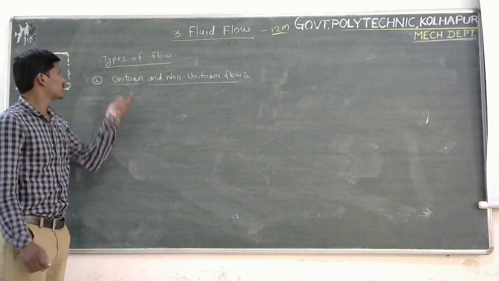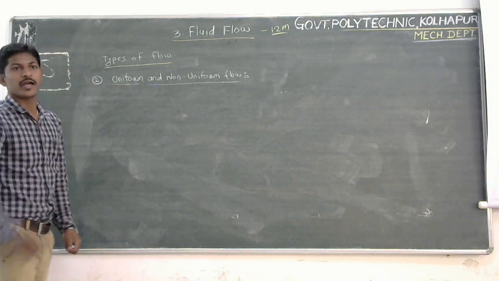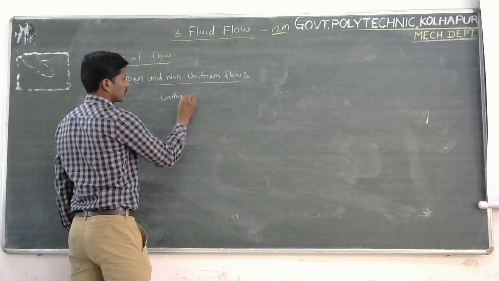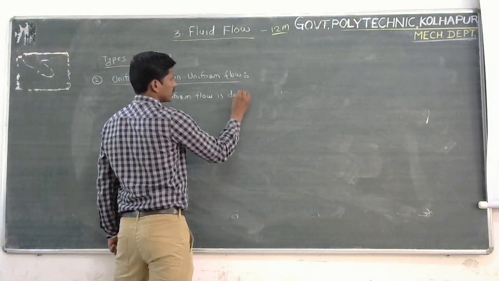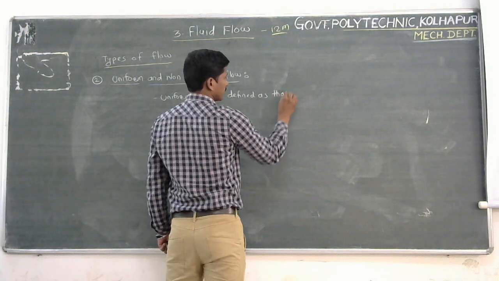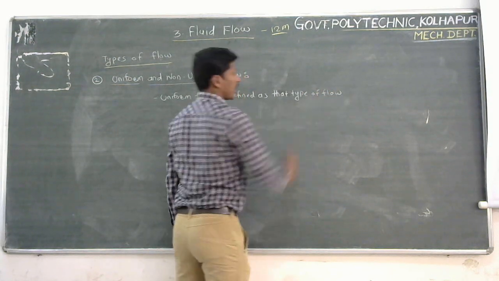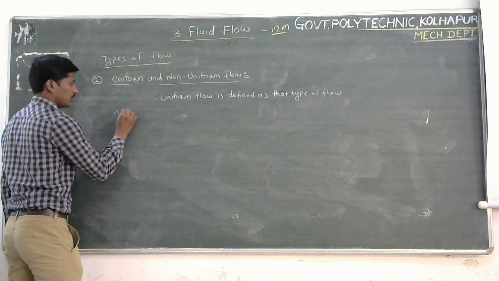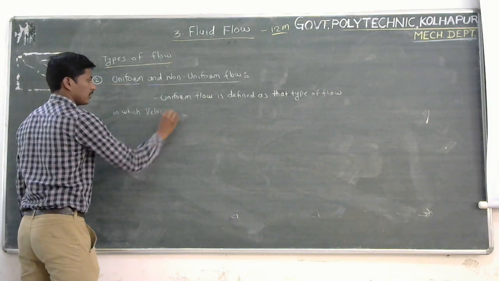Okay, so the second important type of flow is uniform and non-uniform flow. Uniform flow is defined as that type of flow in which only velocity is considered.